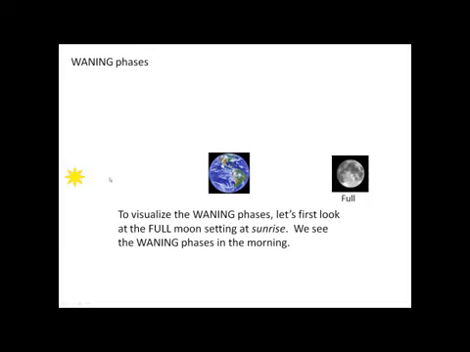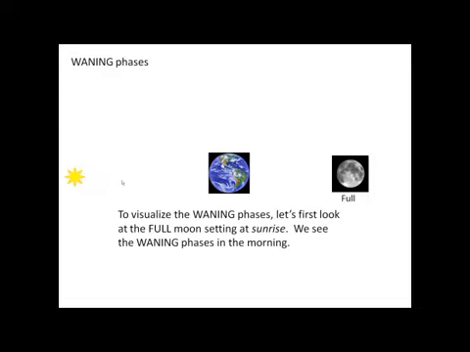Now, in order to make this a little bit clearer, we're going to flip it around. Whereas before we had the sun in the west and the full moon rising in the east, we're now going to go 12 hours later with a full moon setting in the west and the sun rising in the east. The reason for that is it makes the waning phases much clearer.